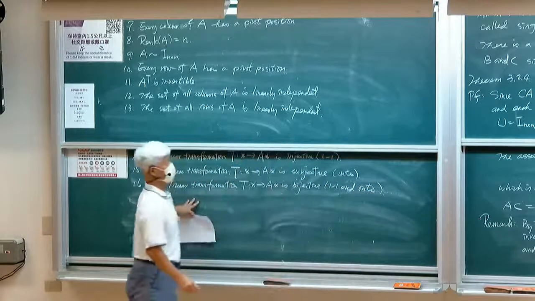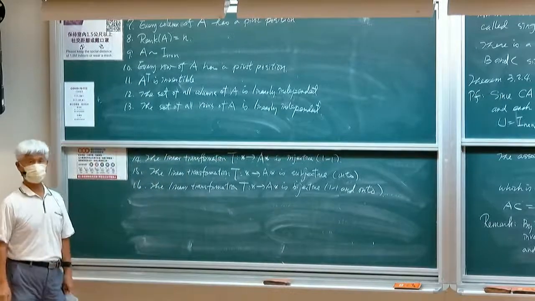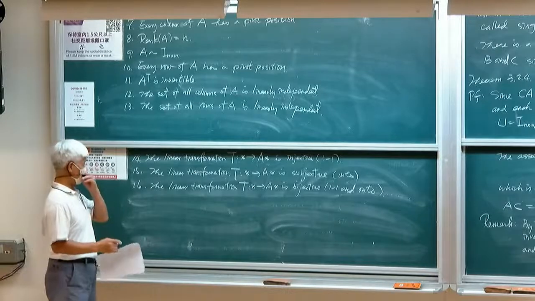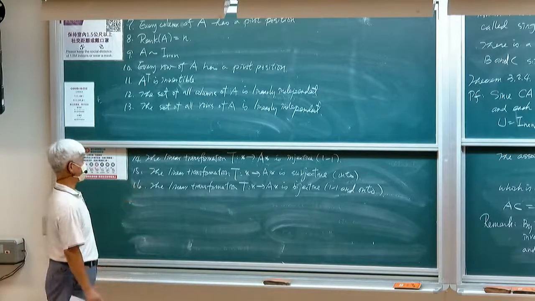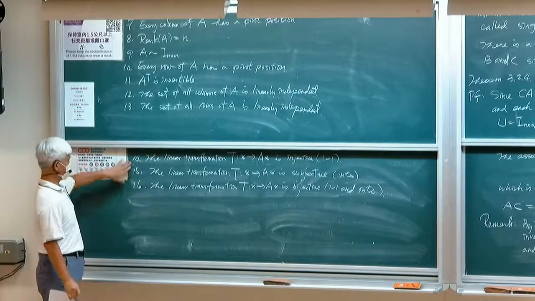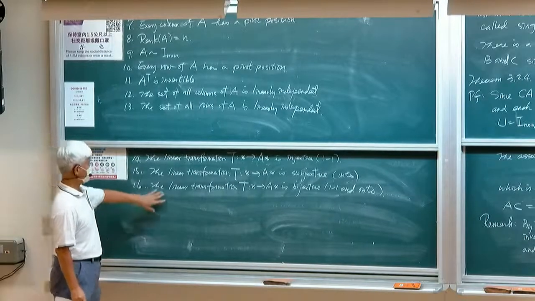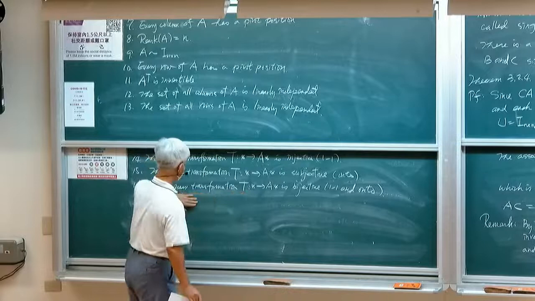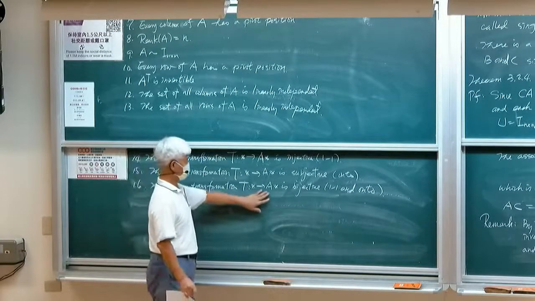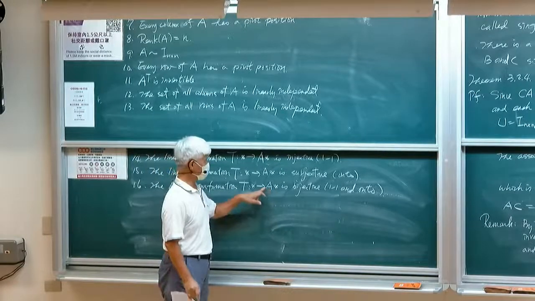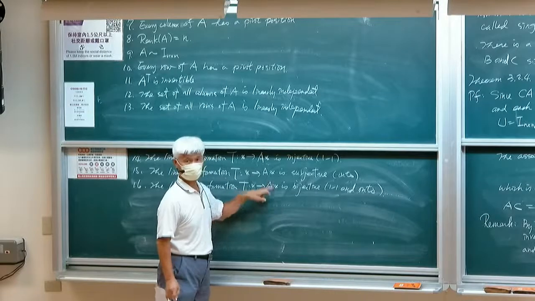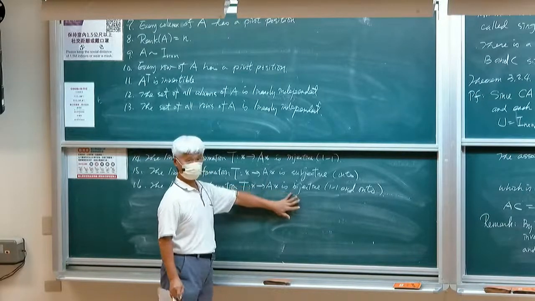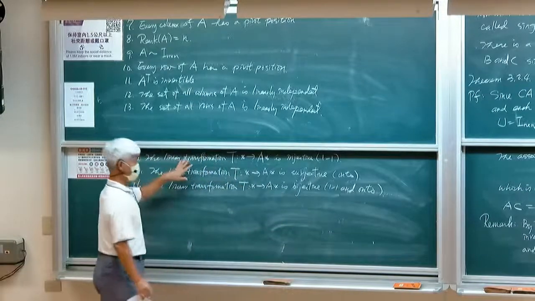Okay, so now we have done 16 statements. They are equivalent to each other. In particular, for the last three, to show that a linear transformation defined by a square matrix A is bijective, you just show that it is injective.